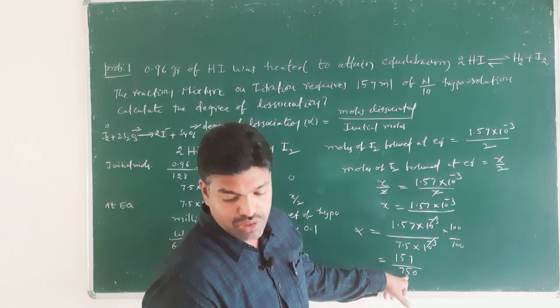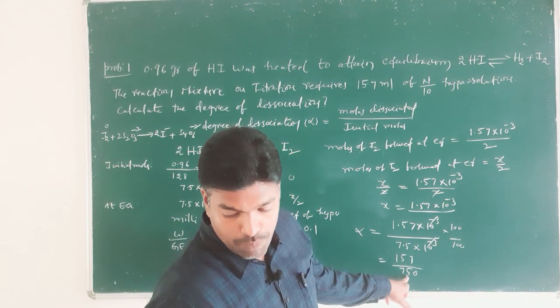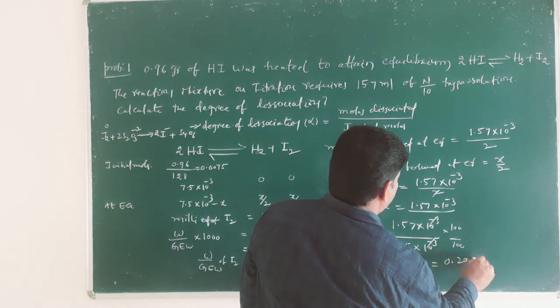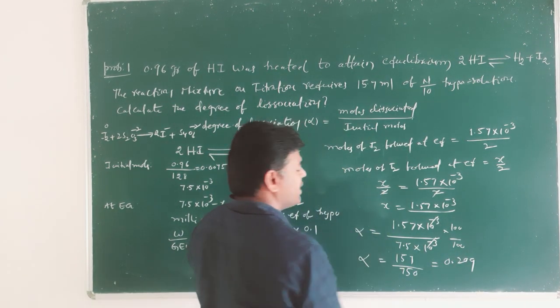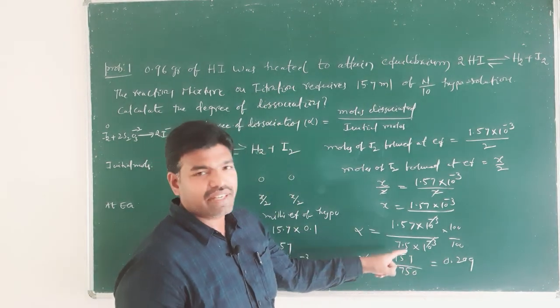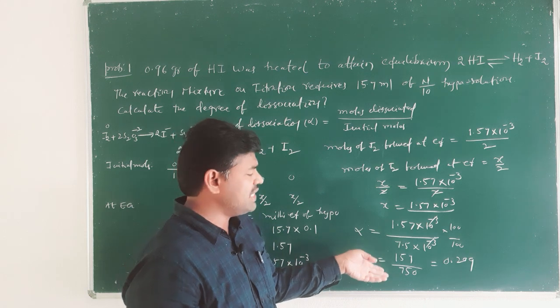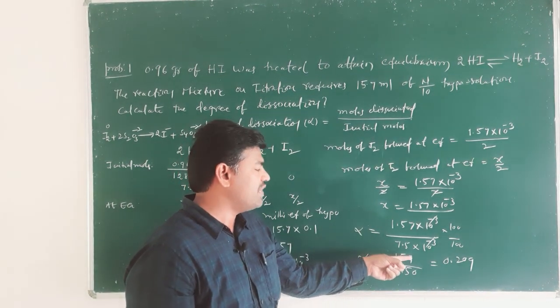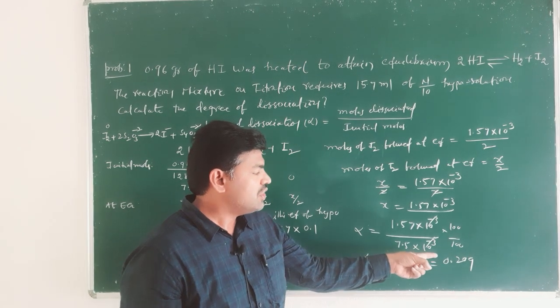This fraction 157 by 750 comes out to be 0.209, so alpha is 0.209. To avoid wasting time, I directly substituted the fraction value.